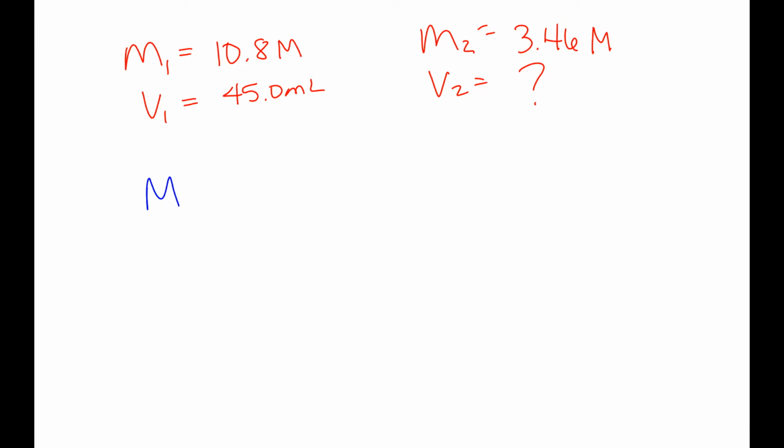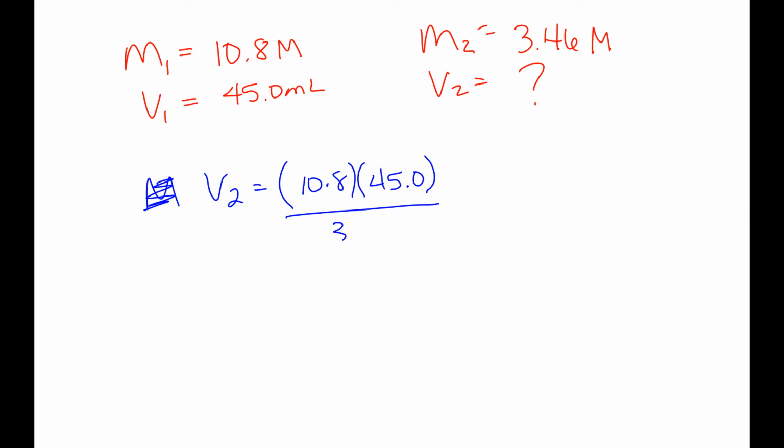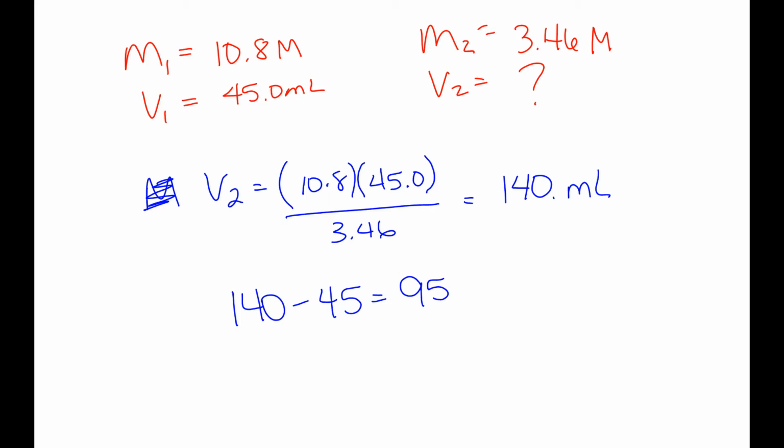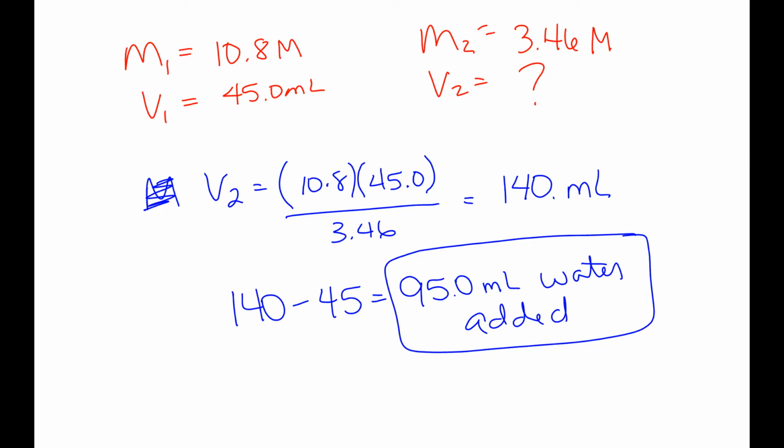So we have V2 equals M1 times V1 divided by M2. So this gives us 140 milliliters. Now, to find the amount of water, it's 140 minus 45, which is 95 milliliters of water added. And actually this should be 95.0.